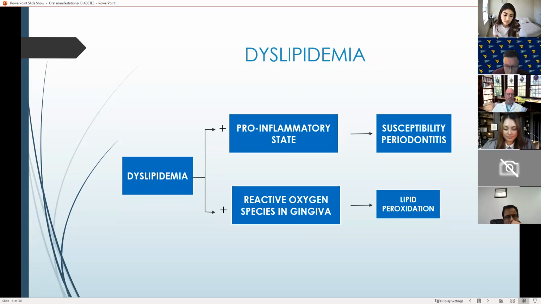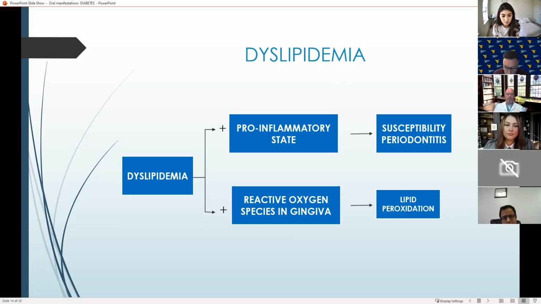The mechanism by which dyslipidemia contributes to periodontitis is not fully understood, and more studies to establish a causal relationship are needed. However, it is hypothesized that, similar to hyperglycemia, dyslipidemia stimulates a pro-inflammatory state and thereby increases the susceptibility for periodontitis.